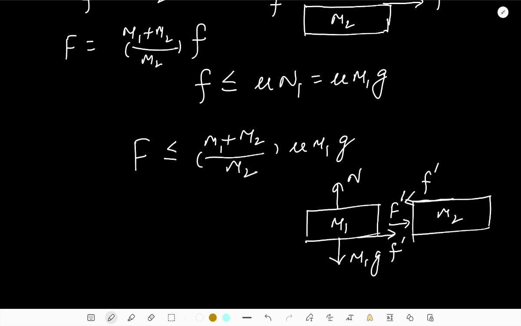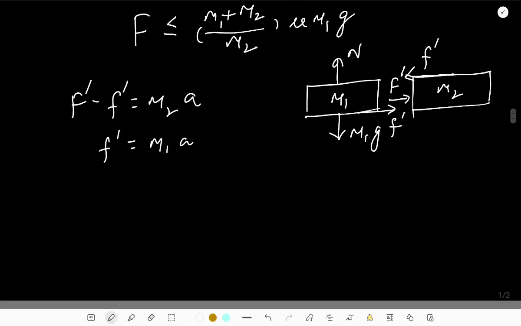I think I have drawn enough free body diagrams for each of them, and then I am going to write down the equation of motion for both blocks. Suppose I first write for m2, and this becomes F dash minus f dash equals m2a. Both are moving together, so both will have the same acceleration. For m1 I can write f dash equals m1a, and in a similar manner as previously, we can find f dash, which becomes m1 divided by m1 plus m2 multiplied by F dash.